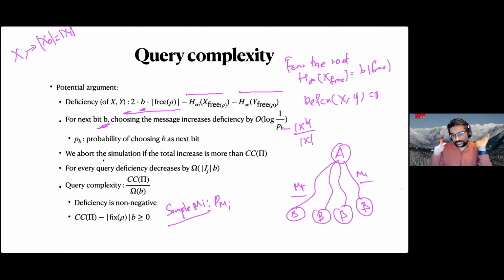Some messages, especially in these round based communication protocols, could have very small probability, even in the two-party setting. It could be that x splits into x0 and x1, and x0 is tiny and x1 is huge. In this case, the probability of sampling x0 is very small, right? So it would increase the deficiency by quite a lot.